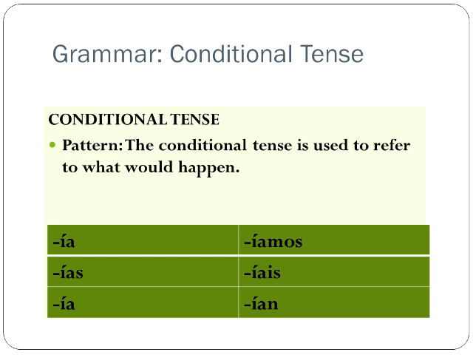So the first one is yo, ía; tú, ías; él, ella, usted, ía; nosotros, nosotras, íamos; vosotros, vosotras, íais; y ellos, ellas, ustedes, ían. So we're learning about the conditional tense in Unit 20, and that is what would happen.